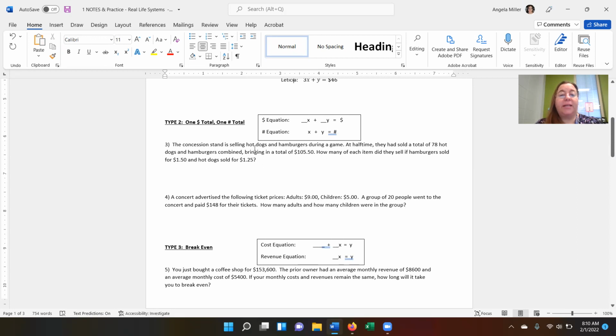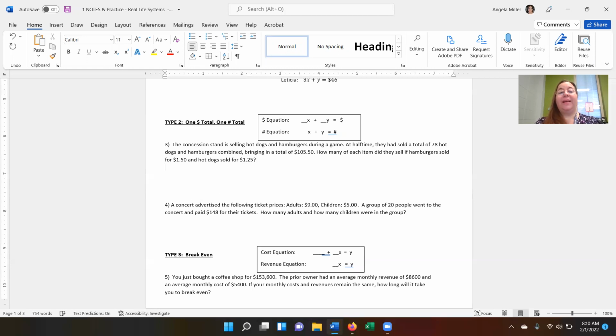So the concession stand is selling hot dogs and hamburgers during a game. At halftime, they had sold a total of 78 hot dogs and hamburgers combined, bringing in a total of $105.50. How many of each item did they sell if hamburgers sold for $1.50 each and hot dogs sold for $1.25? All right, so the easiest way to do this is to first identify our variables.